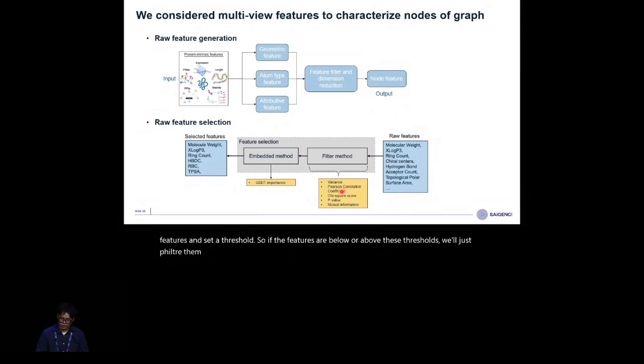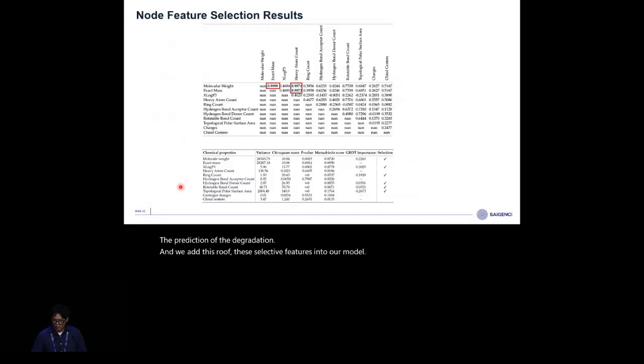And then we design an embedding method, which uses GBDT importance to measure the importance of these raw features as well. After these two selection steps, we finally get six selected features, which we think are very important to the prediction of the degradation. And we add these selected features into our model. Yeah, this is the selection result here.